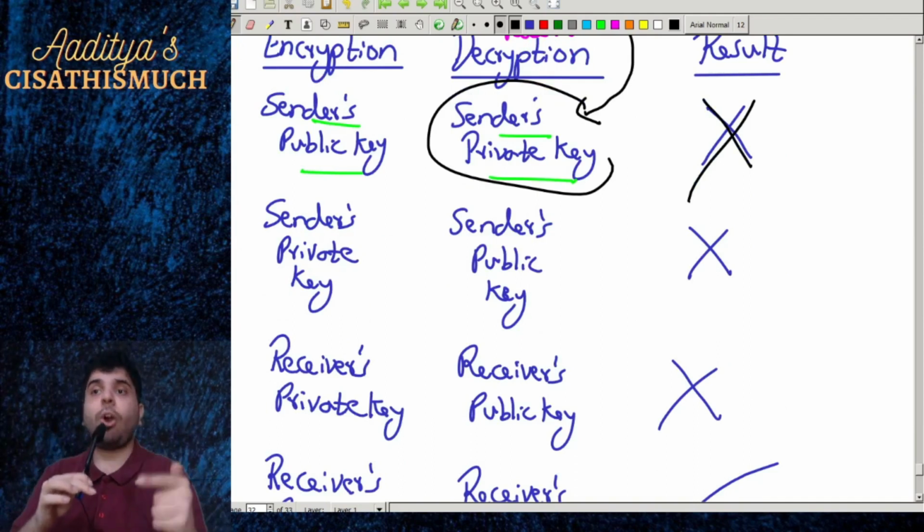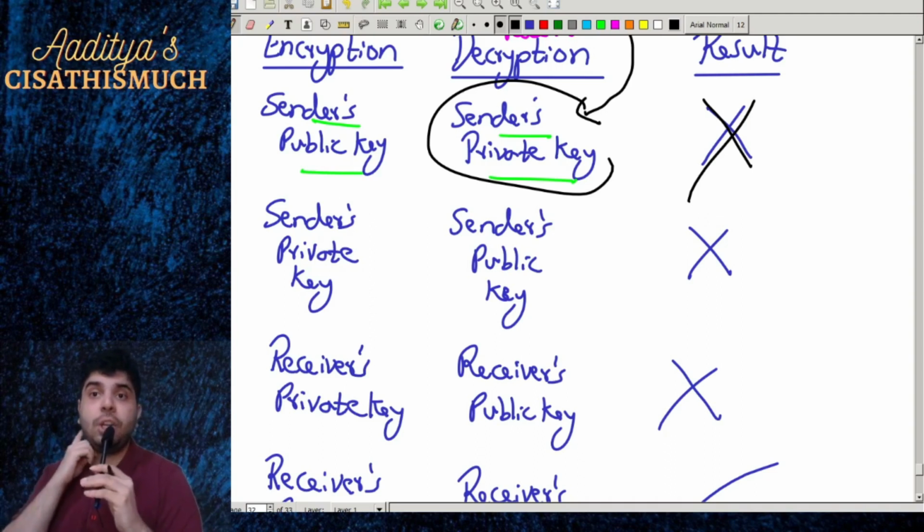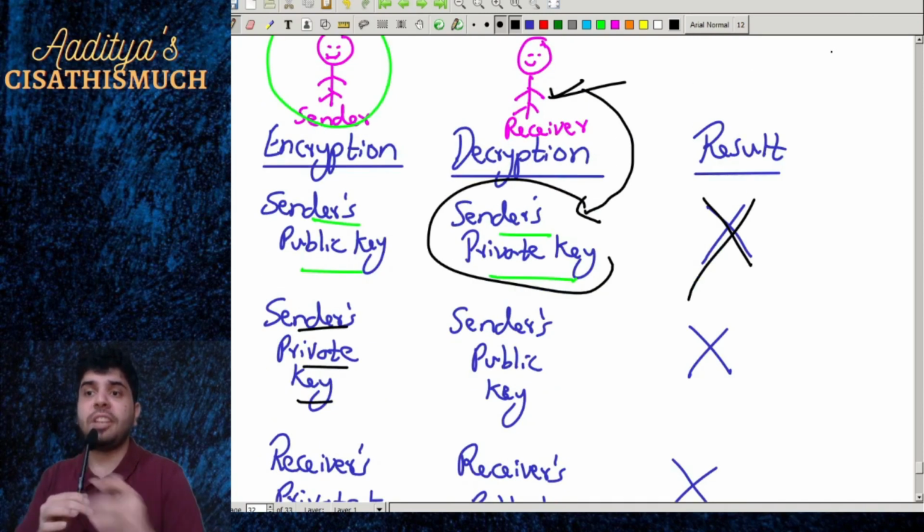Next combination is encryption using the sender's private key, and then the receiver will decrypt using the sender's public key.